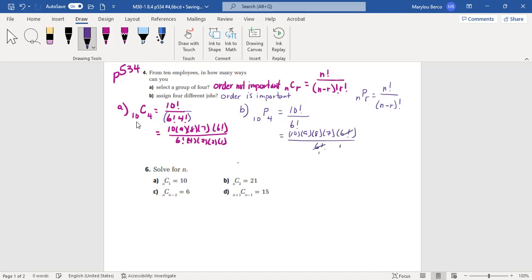Beautiful. I forgot to put here that the combination is equal to 210. And the number of permutations, where order is important, is 5,040. So those are just very simple examples.